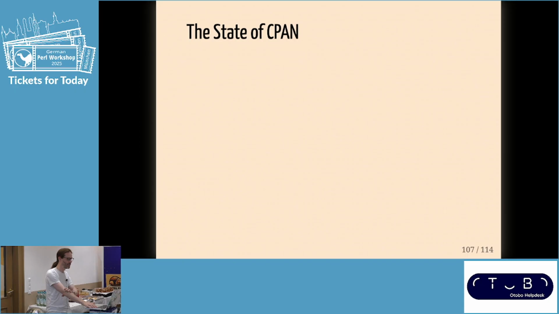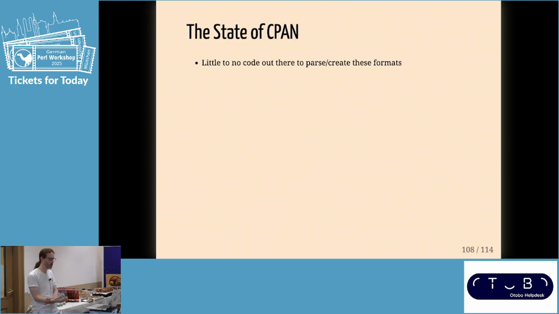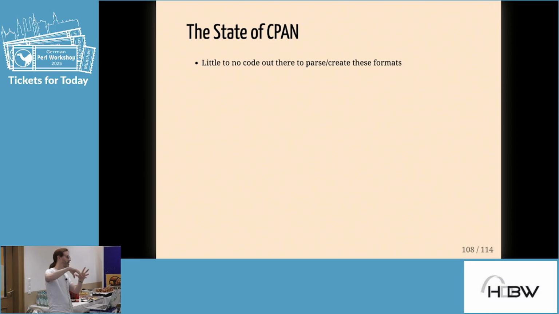Very quickly, the state of CPAN. There's little to no code out there to parse most of these formats. Maybe that's not surprising because it's the back end of the back end stuff, and it's also so easy to do that maybe those that have worked on it didn't decouple it. It's just in some business logic somewhere. Maybe. There's a few bits in here for the modern formats.